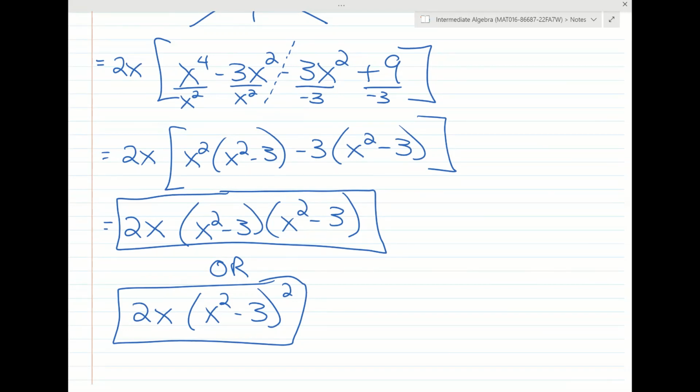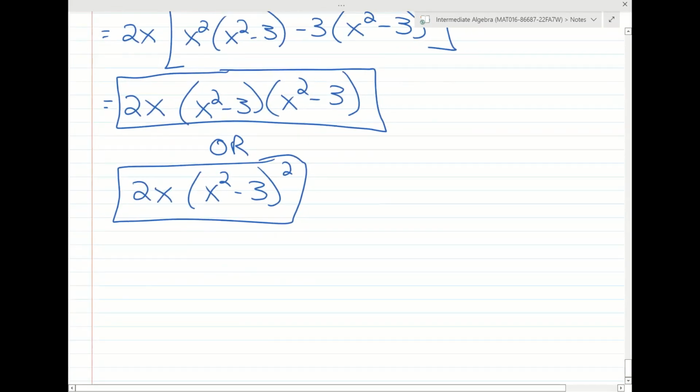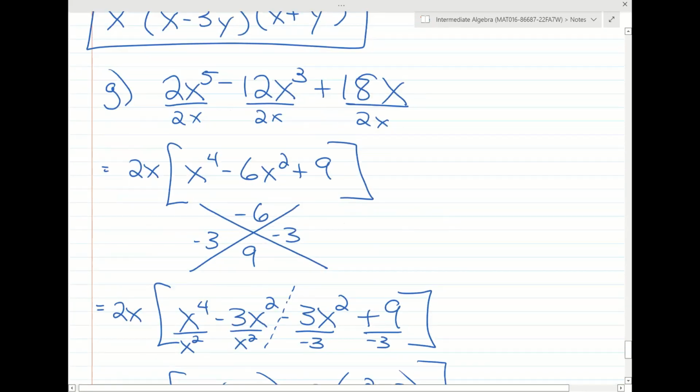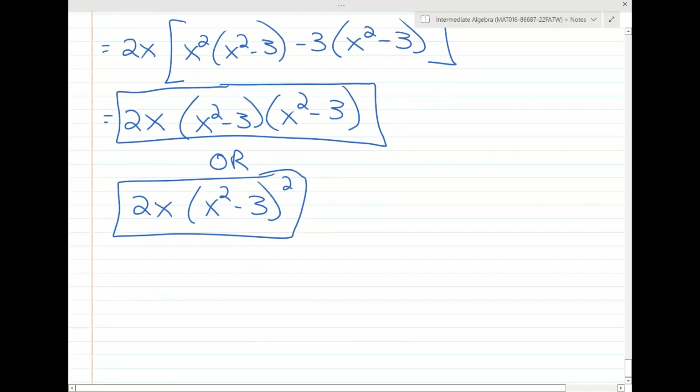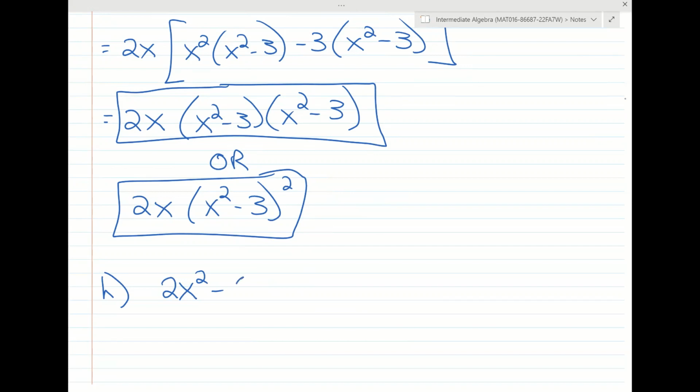Give you a second to finish that, and I want to show you one other thing before you leave tonight. Okay. Last thing I want to show you is, what if you didn't take out the right GCF from the beginning? What if you had like 2x squared minus 6x?